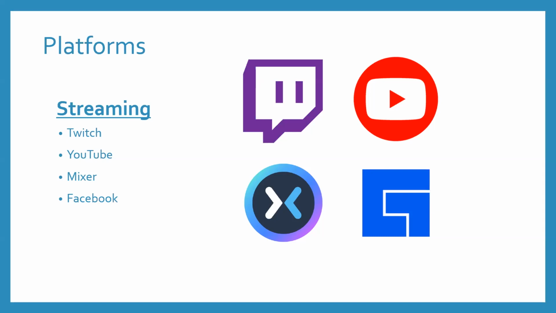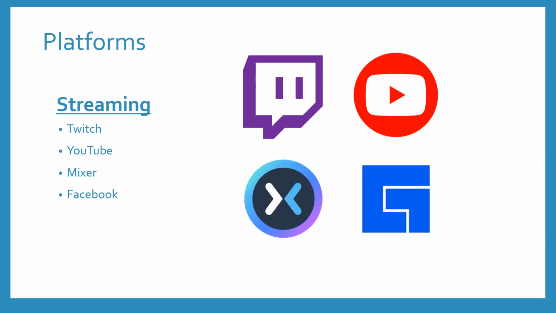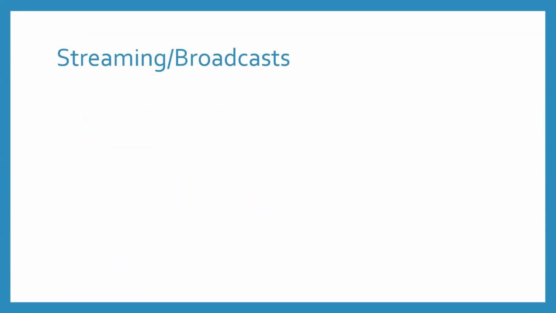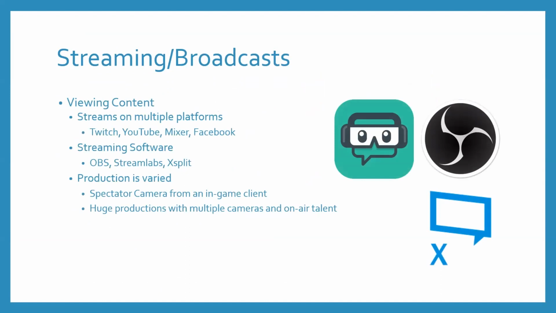And there are high school and college teams that stream to just one of these, to all four of these. It's really up to the school to decide what they want to do as far as streaming goes. But it's a huge part of running an esports program because that's how we interact with people. That's how we actually view content.